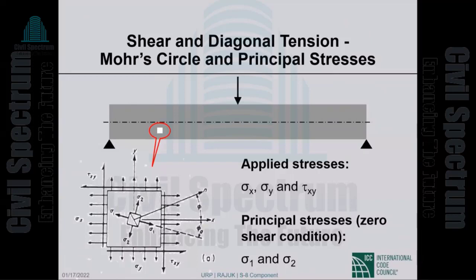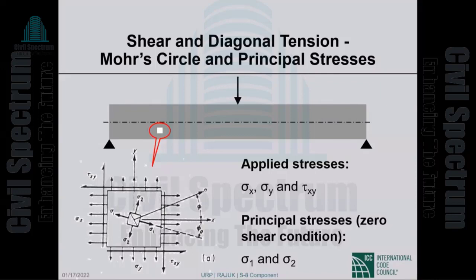This has to be kind of second nature, the calculation of the horizontal shear stress using VQ over Ib, fully understanding what the quantity Q is and the variation of the shear stress along the depth of the beam. Okay.